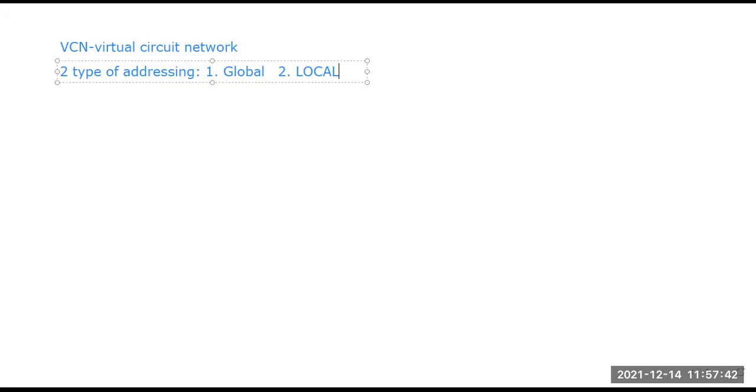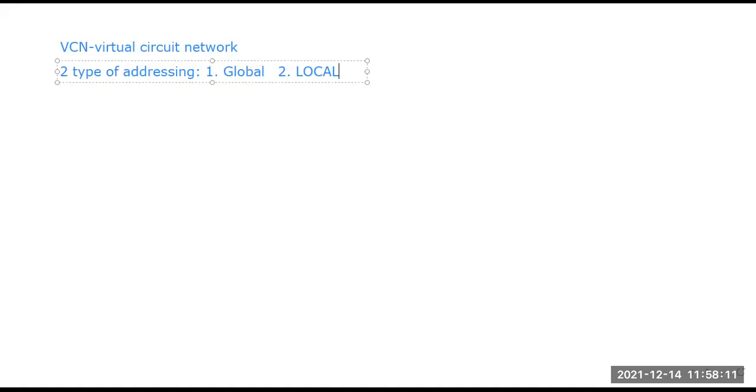And in the part of the local, the virtual circuit identifier is used to transfer the data between the same system. It is a small number used for the switching part. So this VCI, the virtual circuit identifier, is actually designed between two switches.